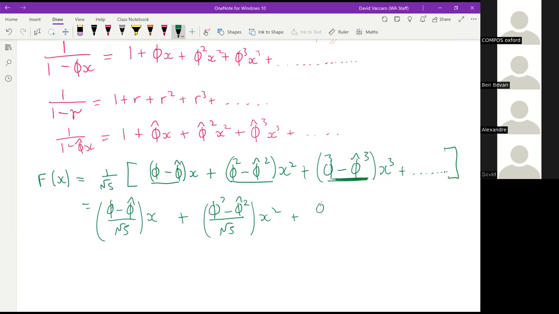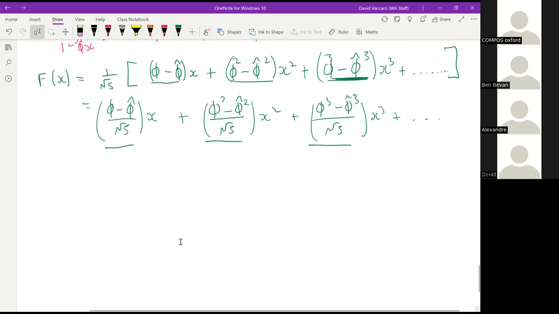Well, we decided earlier this should just give me the Fibonacci sequence.